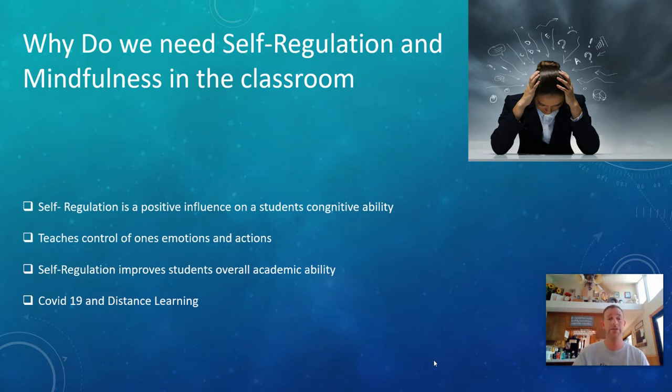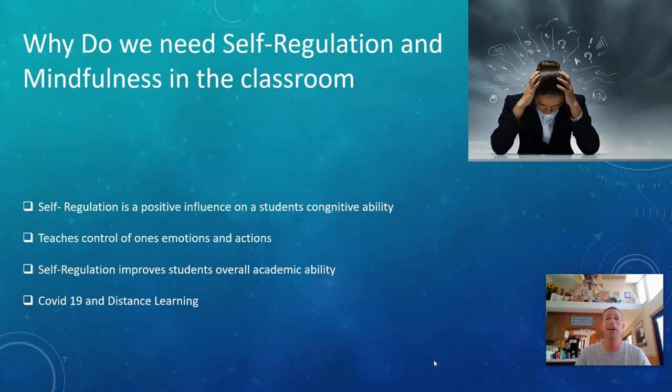The biggest reason I feel that we need it right now is COVID-19 and this distance learning. We've been out of the classroom for a year, or some schools over a year, and the students as well as the parents, but the students especially, are feeling that in the social aspect of life. They're missing their friends, they're missing those connections. And yes, we need them back in the classroom for the rules and the regulations, but the biggest thing is we need them to understand that they're safe, they're healthy, we can maintain, we can survive.